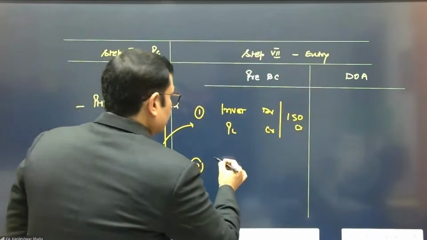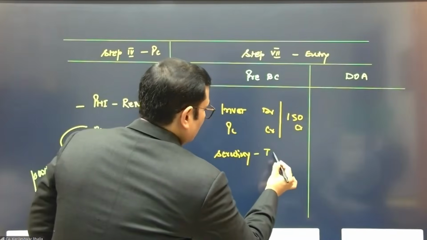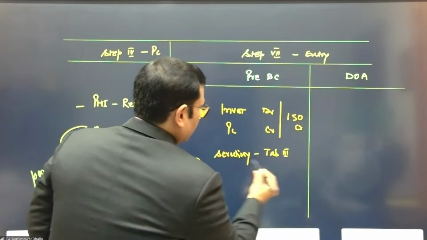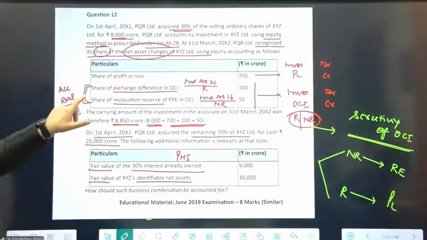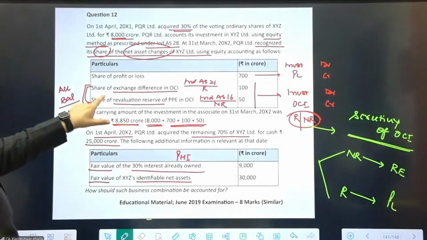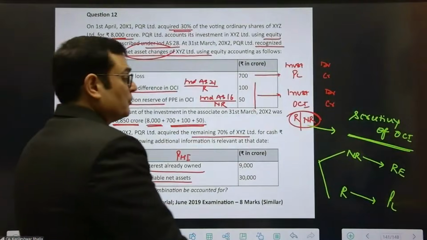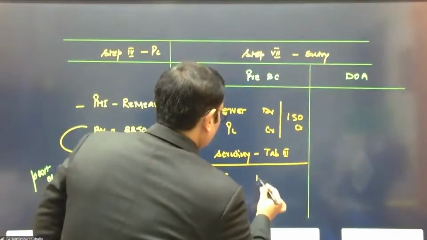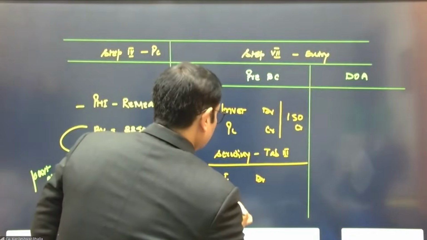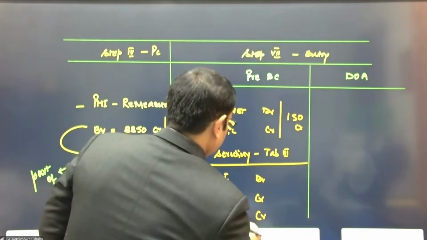Then the second is you make a scrutiny of the tab number 3 and put some entries. Now let's go back. In this case, there is an exchange difference of 100 and there is a revaluation reserve of 50. So there's 150 in the OCI, something to be taken to RE and something to be taken to the P&L.